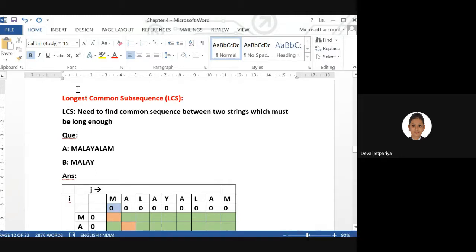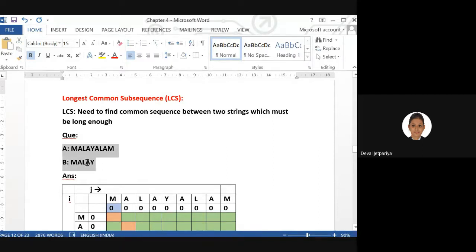Here they have written: need to find a common sequence between two strings which must be long enough. So we'll try to identify the longest common string between the given two strings, right?